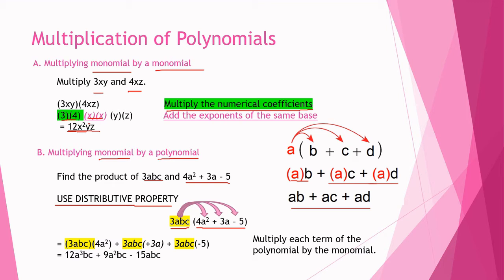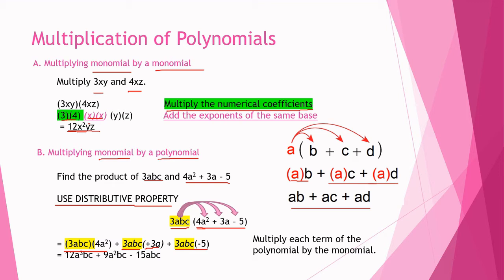So multiply each term. So 3abc multiplied by the first term, we have 4a squared, plus 3abc times the second term, 3a, plus 3abc times the last term, negative 5.